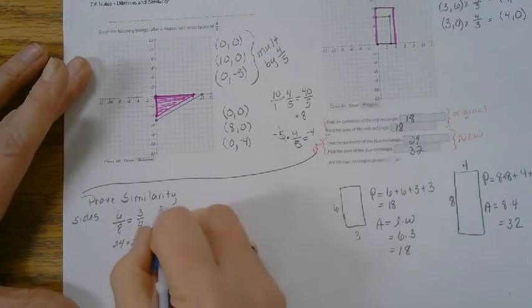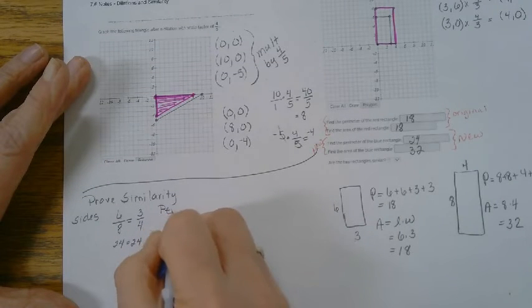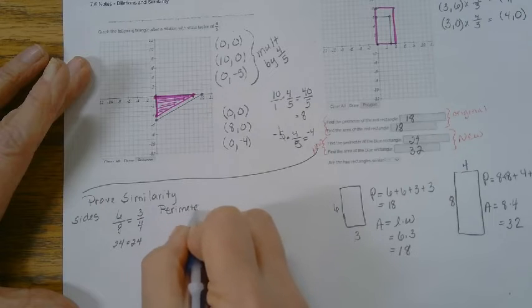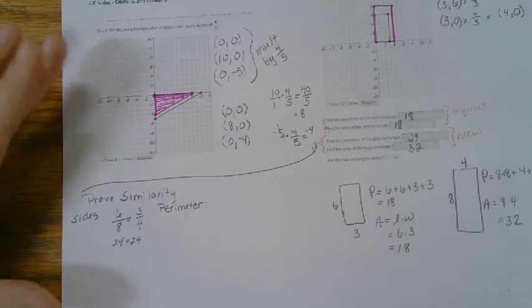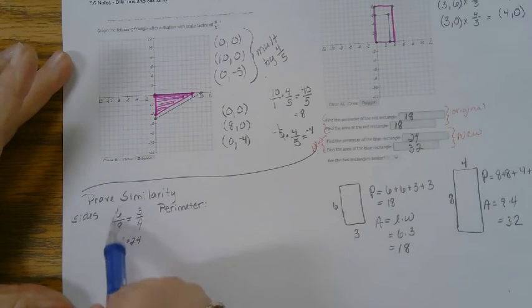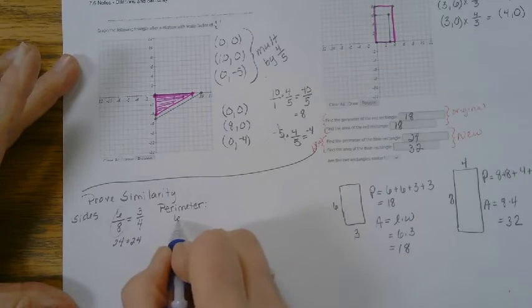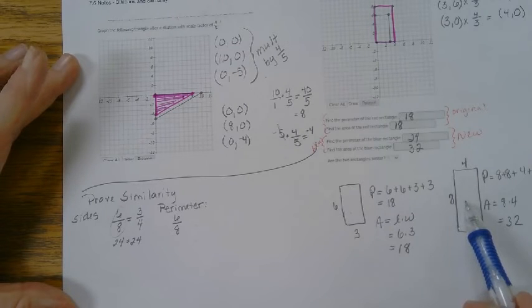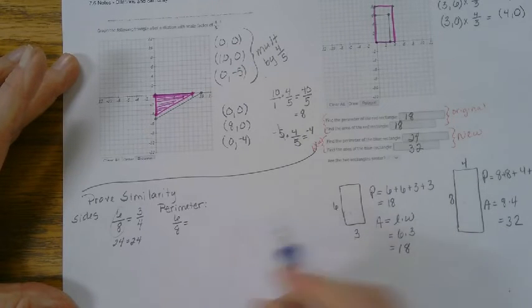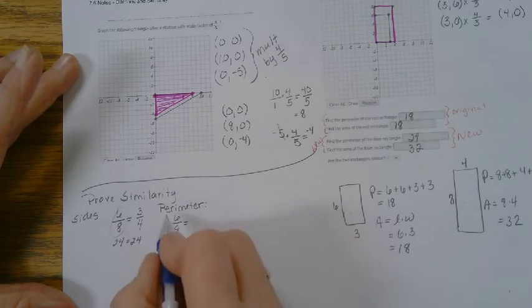Okay. We could also do it using the perimeter. To do the perimeter, we're going to take a ratio of the sides equal to a ratio of the perimeters. So let's just use the same thing here, the 6 over 8. That was the sides of the smaller one to the sides of the larger one. And then I can do that with the perimeter: the perimeter of the smaller one to the perimeter of the larger one.